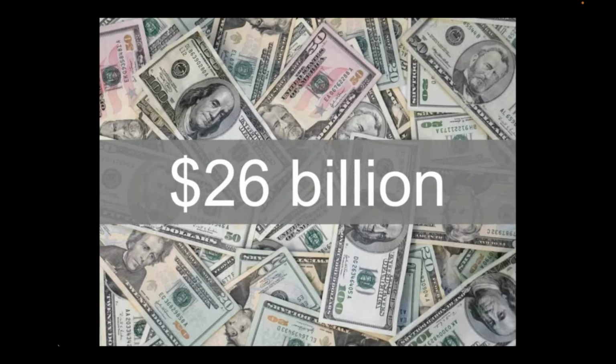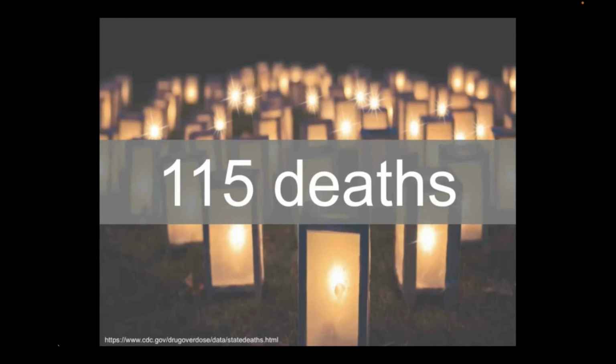It costs our country $26 billion in healthcare costs, loss of productivity, and other expenditures. And sadly, 115 people lose their lives to opioid use disorder, predominantly via opioid overdose deaths each day. 115 deaths each day.